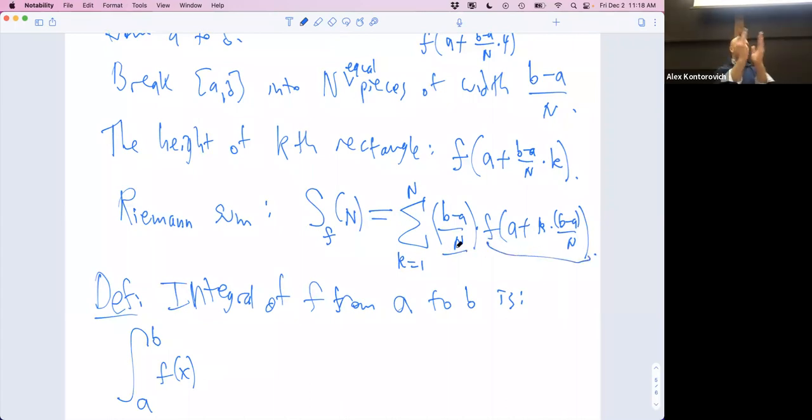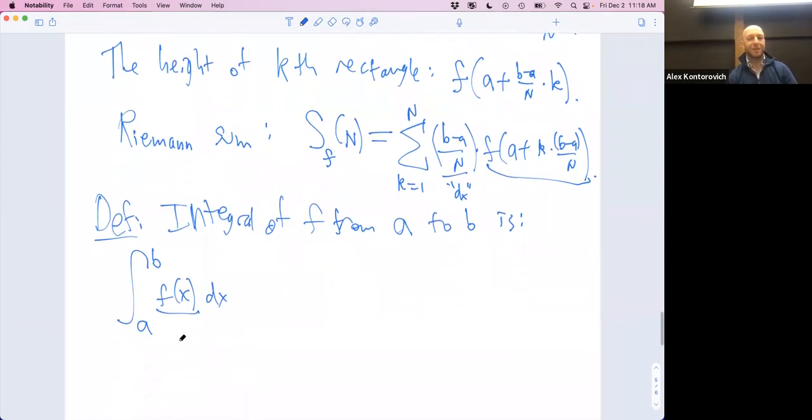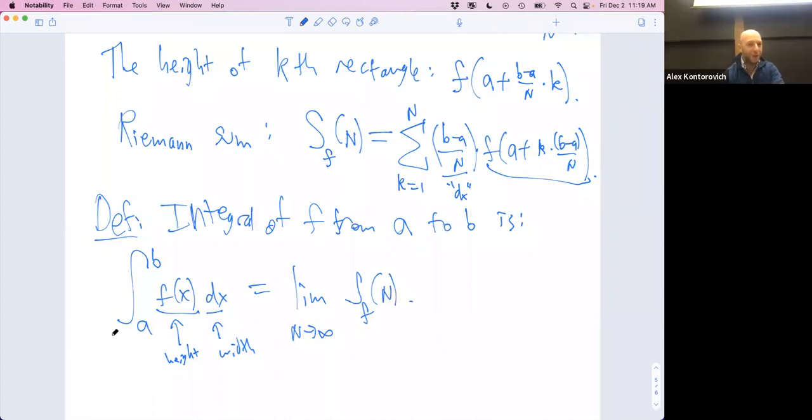This is how much x is changing, so this is the difference in x. f of x is each height, dx is each width. So this is the height of each rectangle, and this is the width of each rectangle, dx. And that is the limit as n goes to infinity of these sums, of these S_f of n's. And in fact, that's what the integral sign is. It's just a stretched out S. That's all it ever was supposed to be.